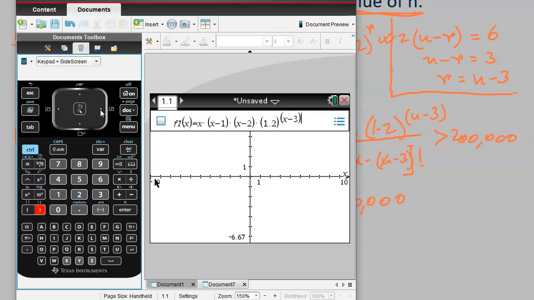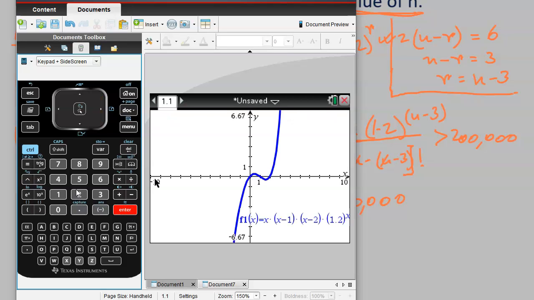Okay, and let us press enter. And this is the graph.